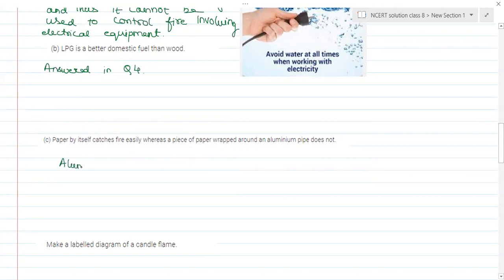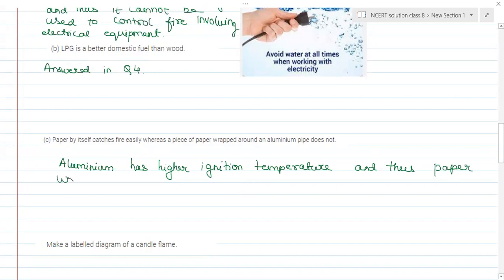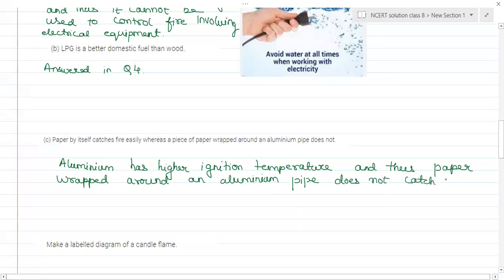Aluminium has higher ignition temperature, and thus paper wrapped around an aluminum pipe does not catch fire.